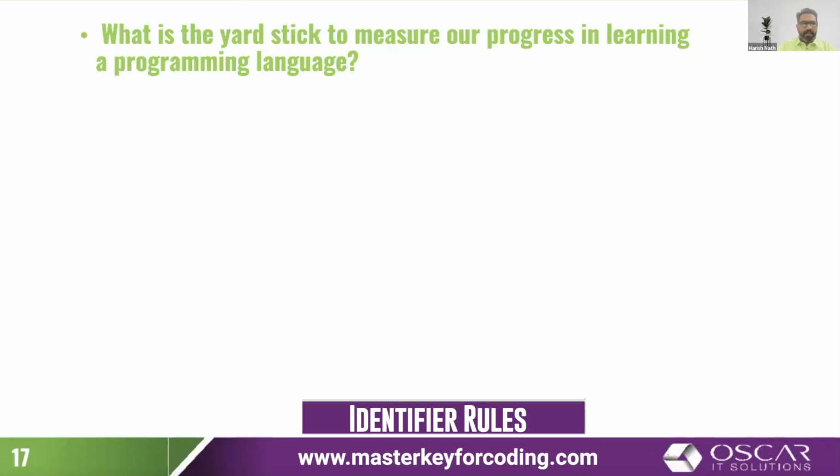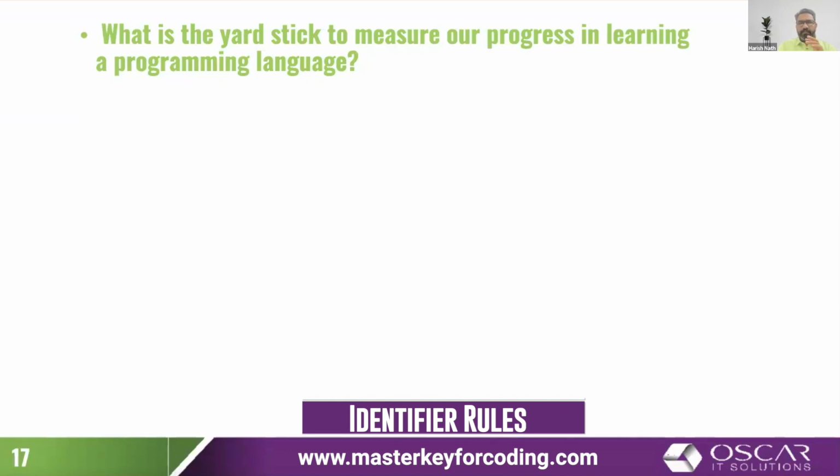But before doing that, how exactly do I know that I've started learning a programming language? Under normal circumstances, people feel, okay, now I've started writing so-and-so programs. Exercise 1 has been completed. Exercise 2 has been completed. So now I'm actually learning the language. No, never consider your progress that way.